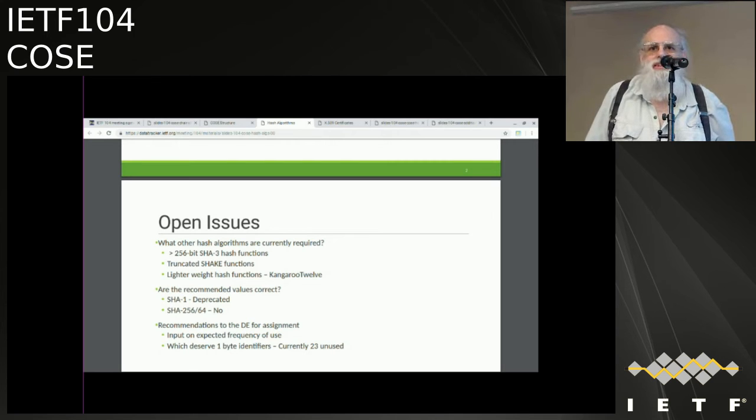I want to think about this a bit more, just in terms of, I don't know what I'm going to need. If people want to give me some input, or the designated experts, of which I'm one, input in terms of how frequently they think these hash algorithms are going to be used, in terms of whether we assign some of the 1 byte space as opposed to assigning 2 byte identifiers to them, I'd like to hear that.